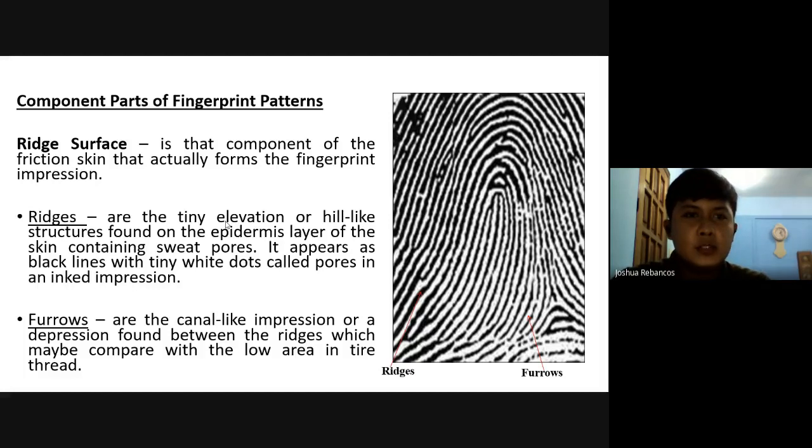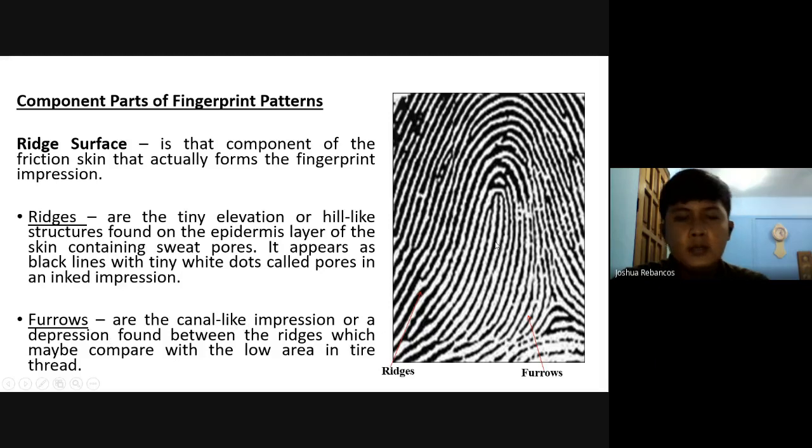Makikita mo yung pores, yung itsura ng white dots doon sa mga ridges. So, itong hill-like o nasa taas na portion ay ridges, itong color black, itong mga linya-linya. Itong white naman na parang canal-like impression or depression found between the ridges, which may be compared with the low area in a tire track, are called furrows.